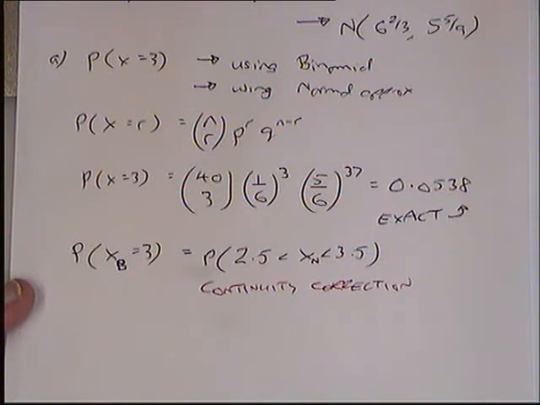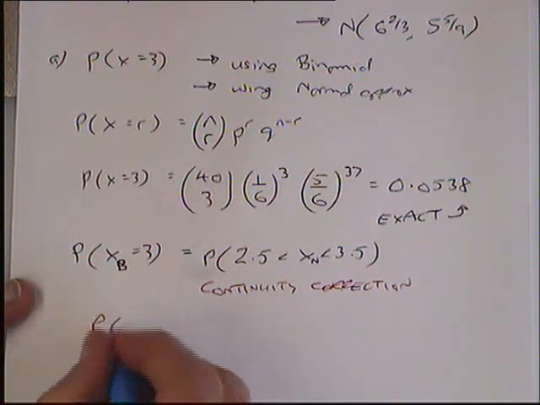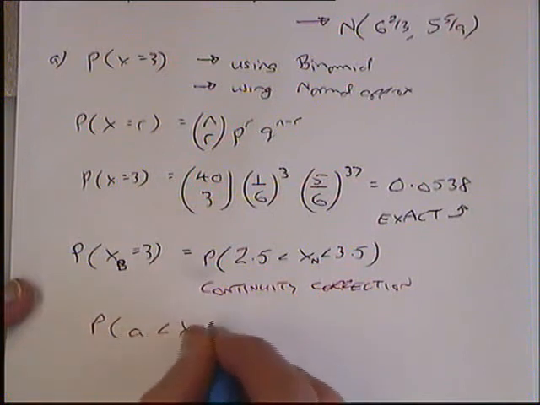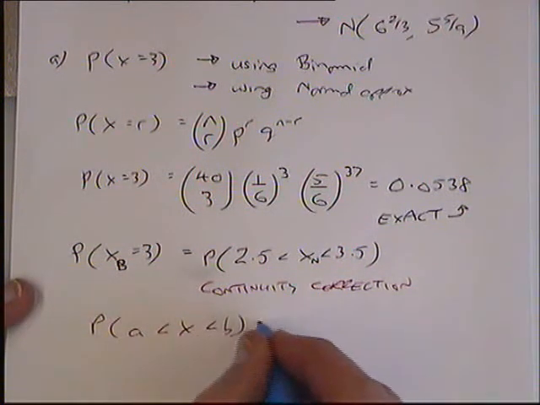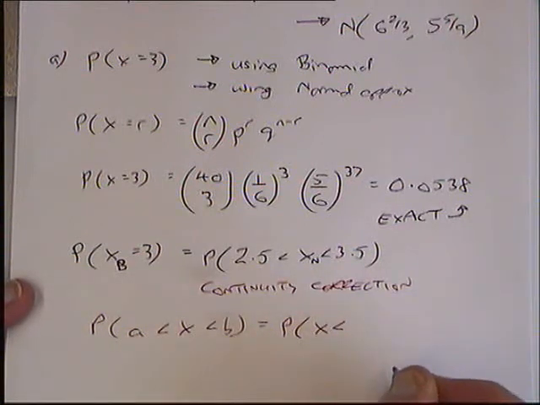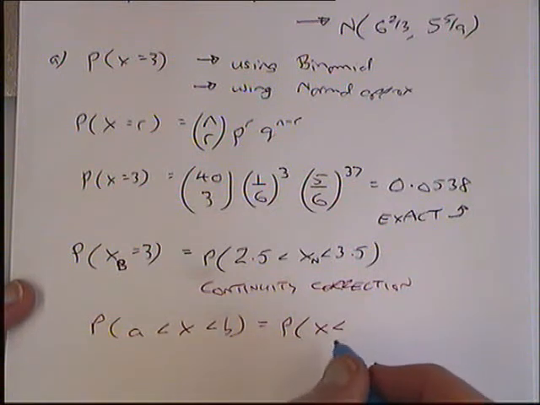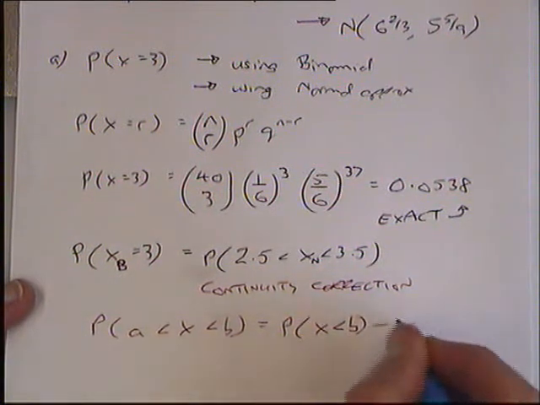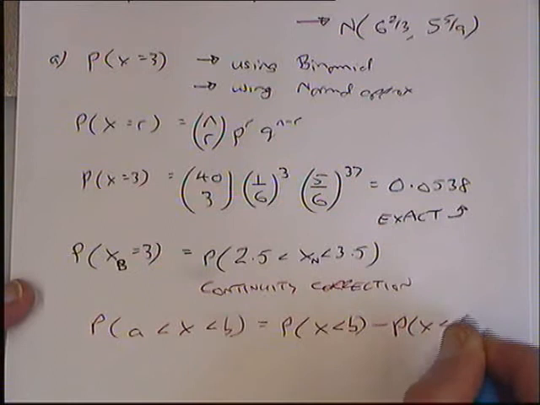Split into two and do one away from the other, yes. We did have this written down before as a red box rule. If you're doing the probability that x lies between a and b, you do the probability x is less than b, take away the probability x is less than a.